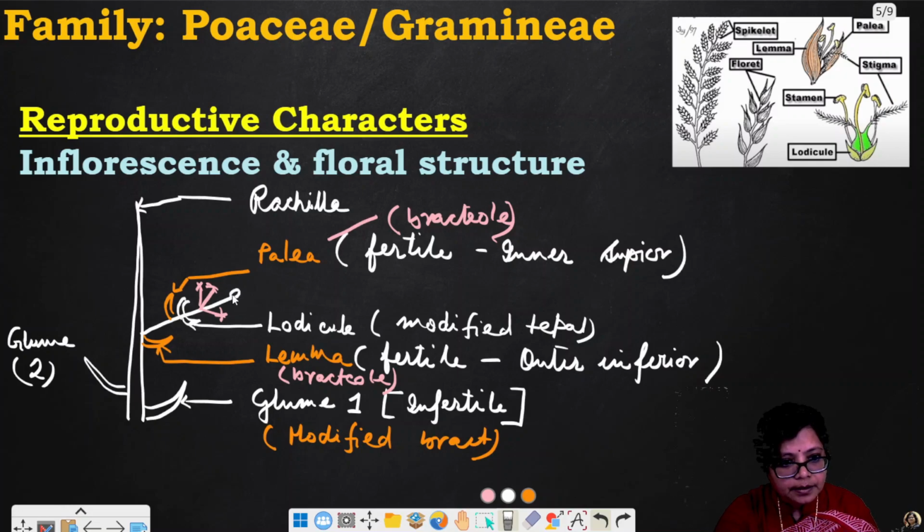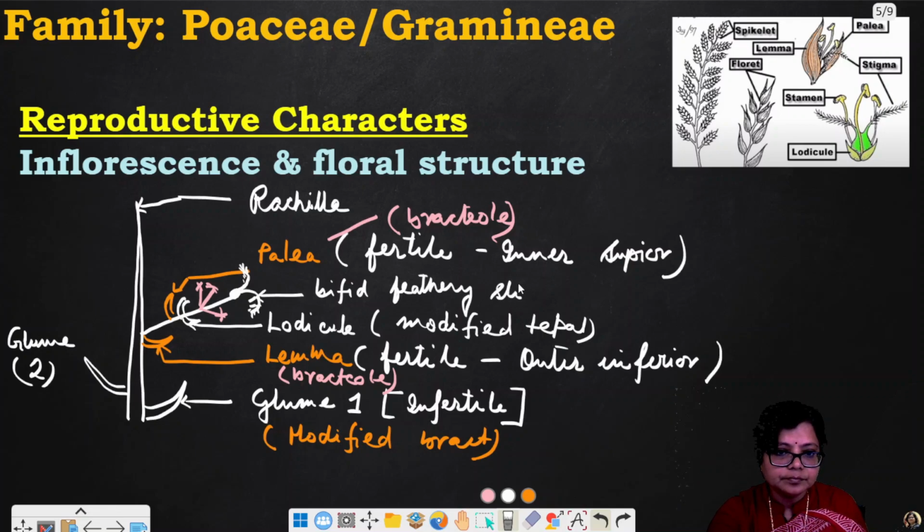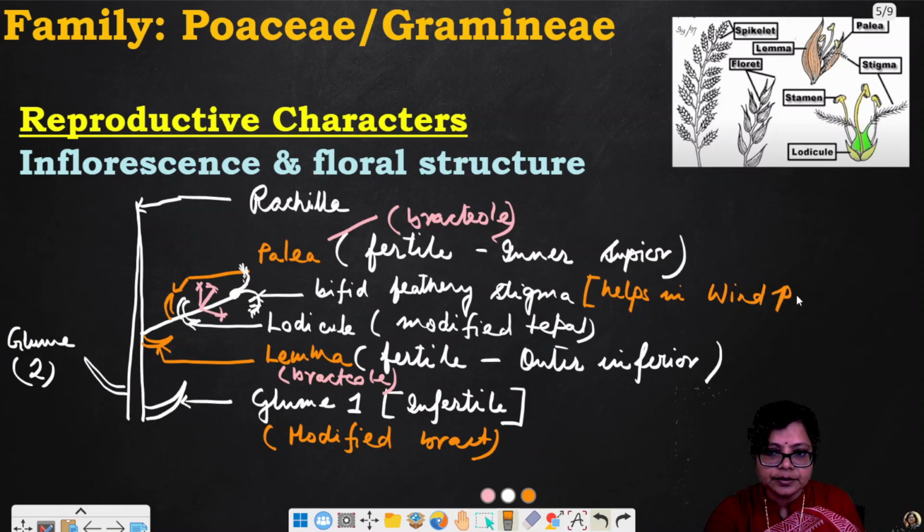So, ovary, single ovary, generally style 2 and bifid stigma, and it is hairy in nature. Bifid, feathery stigma. It helps in wind pollination.